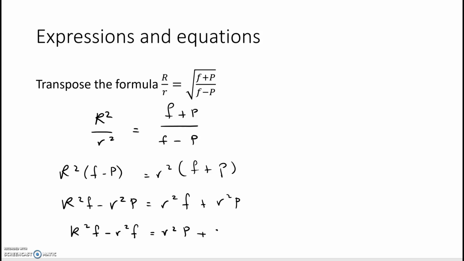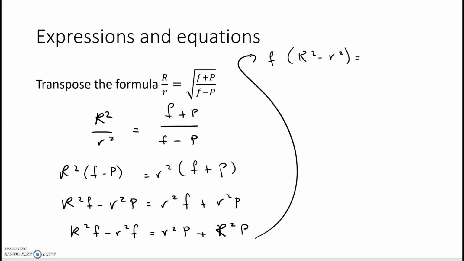A capital R. Oh no, that's a little r. So I've got capital R squared F minus that. So this then should be a capital R squared P. Okay, on the left hand side then we can factorise out F and on the right hand side we can factorise out P. And then dividing both sides by r squared plus r squared.